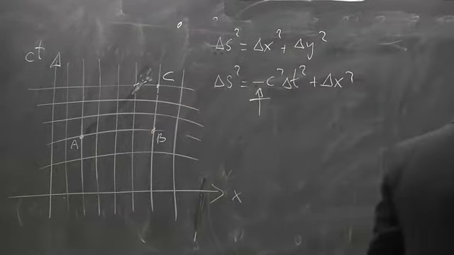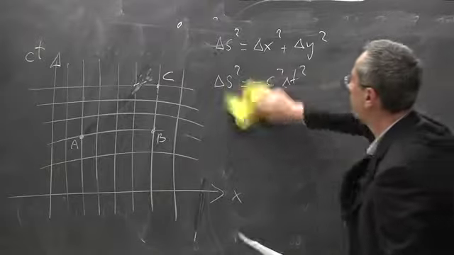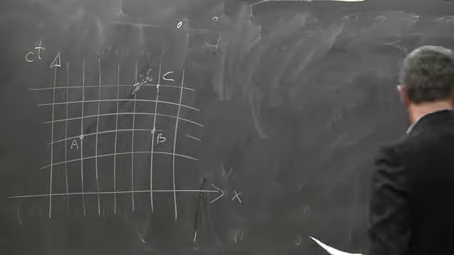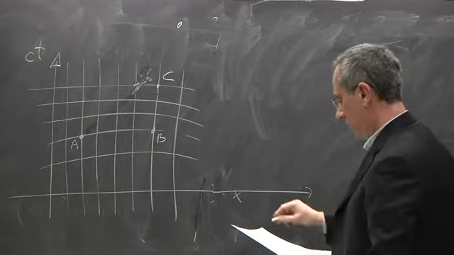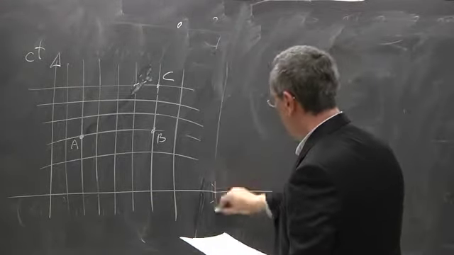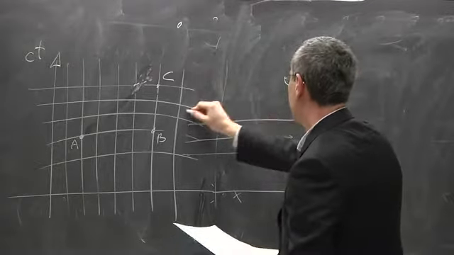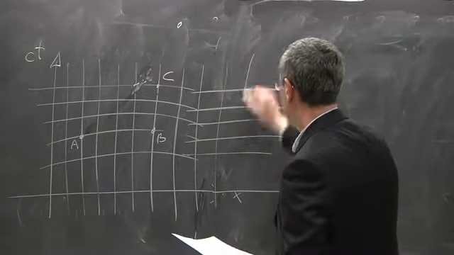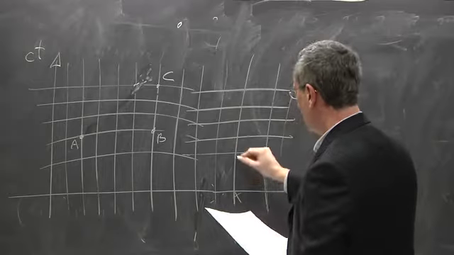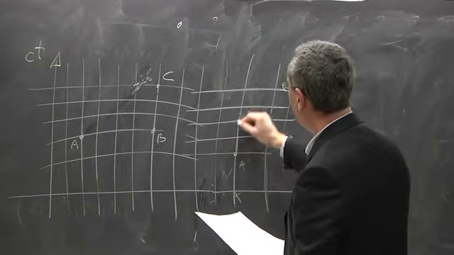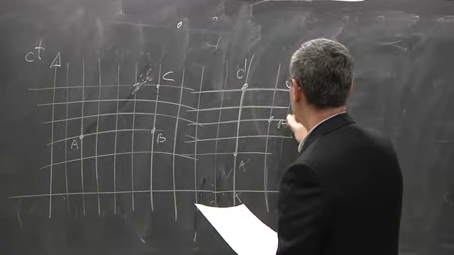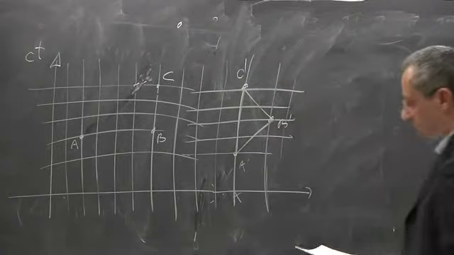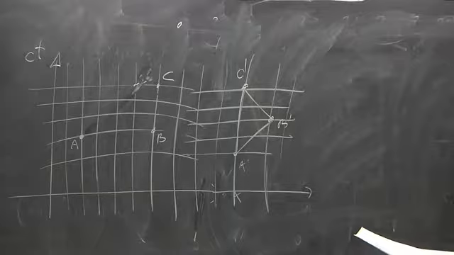I also want to have, say, A prime, then I go up here to C prime, and I have B prime here. Something like that.